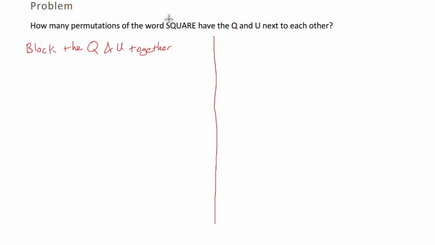And what that means is, in this word square, I have S, Q and U, A, R, E. That is, I now have 5 blocks. So if I have 5 blocks, I can arrange those 5 blocks in 5 factorial ways.